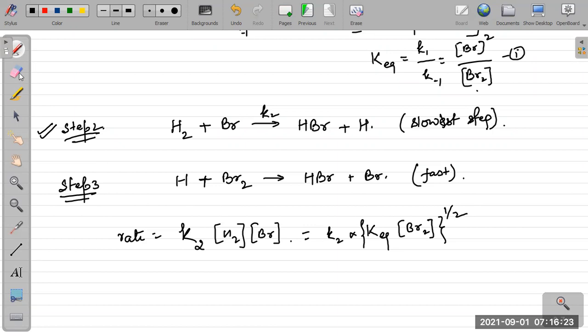Or this is going to be concentration of H2 into the rest of the things. This is K, capital K, equilibrium, concentration of Br2 raised to the power half.